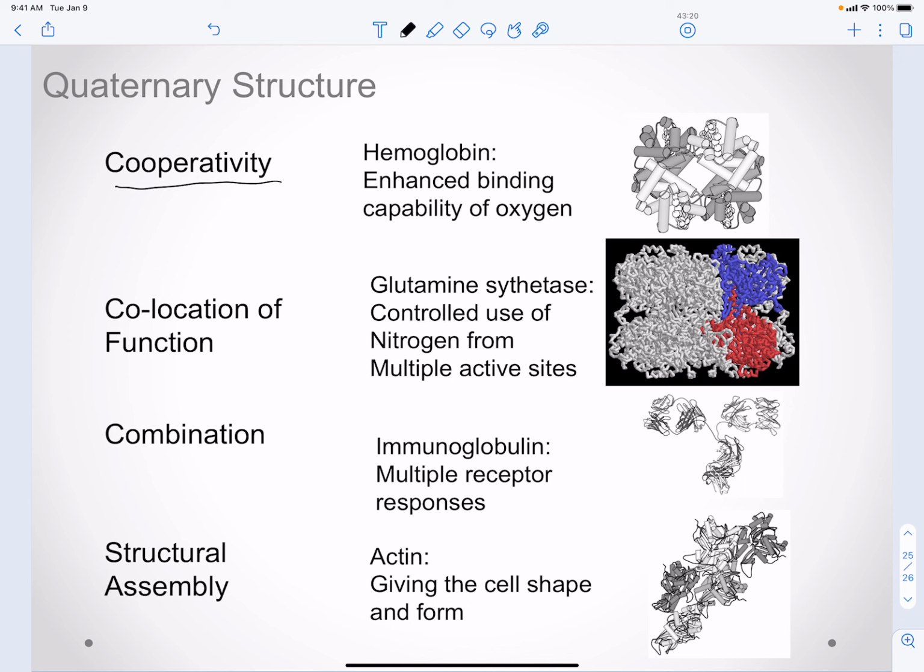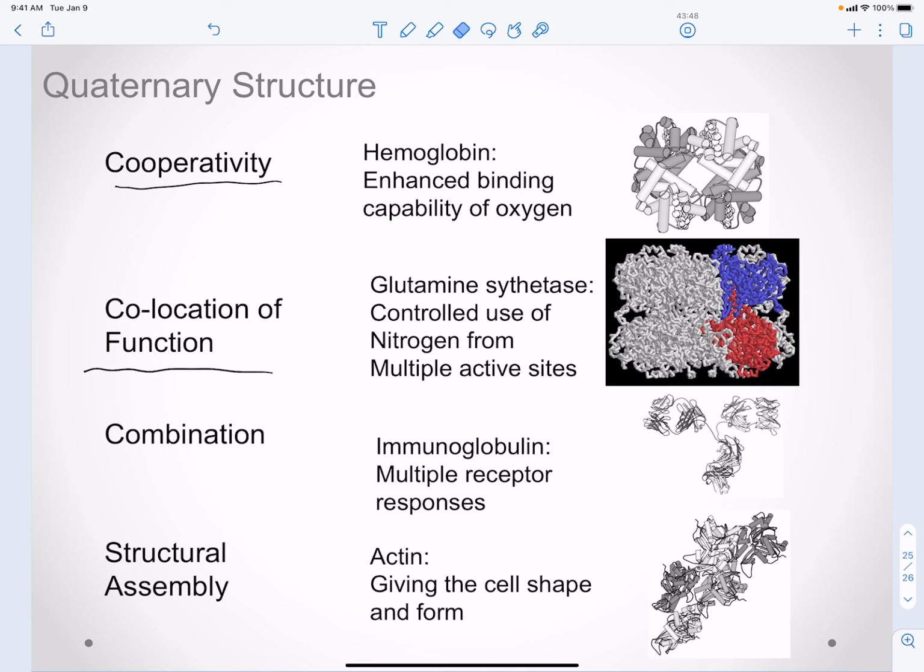Binding of that first oxygen to hemoglobin, which can bind 4, takes a lot of effort. After that first one is bound, then the rest of the molecule opens up and it's easier to bind the rest of the 3. You also have co-localization for this function. So quaternary structures of proteins are often going to be localized together so that they can function in some sort of reaction that they are needed.